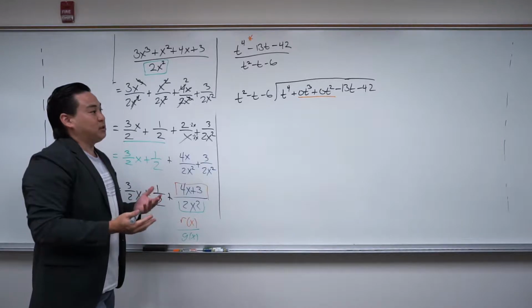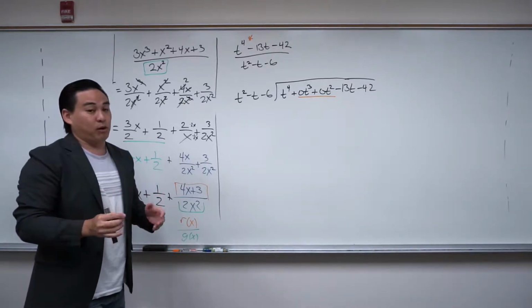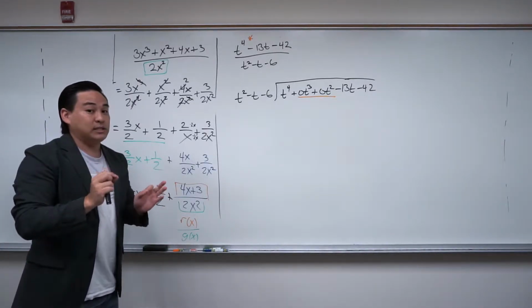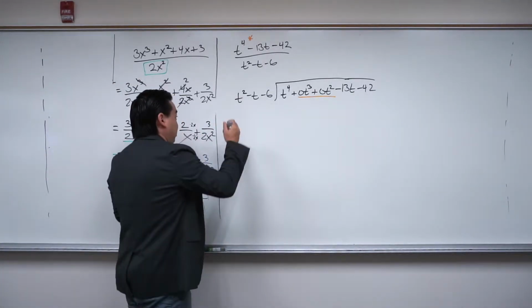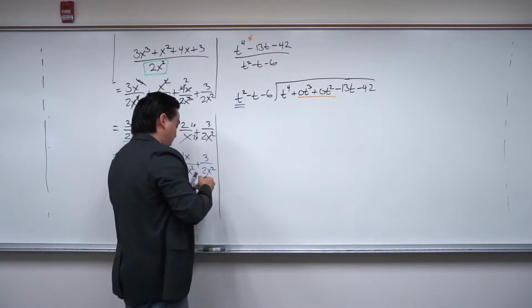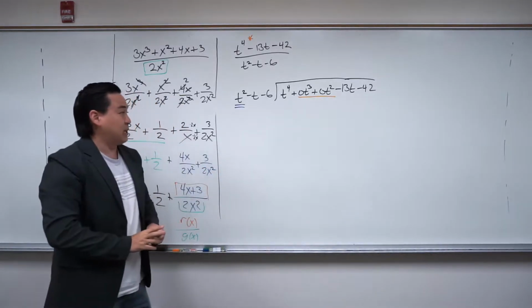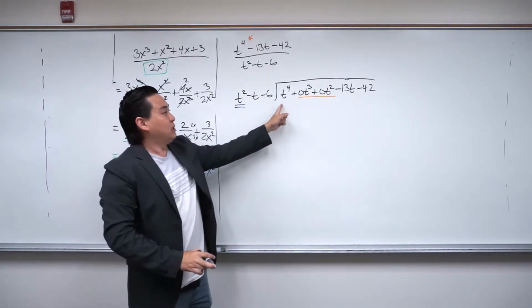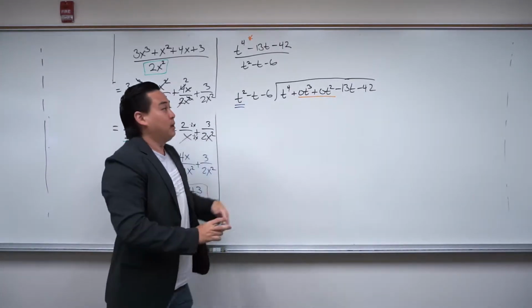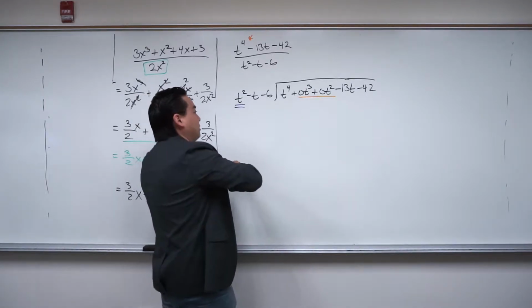So the way to do these long divisions is using that exact same process. The question is going to be what times this in the front, or the degree, the exponent, which is attached to the t, what times this one gives you the first term? So everyone see t squared.